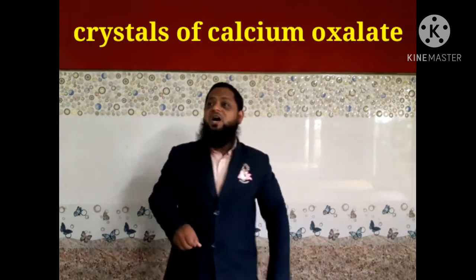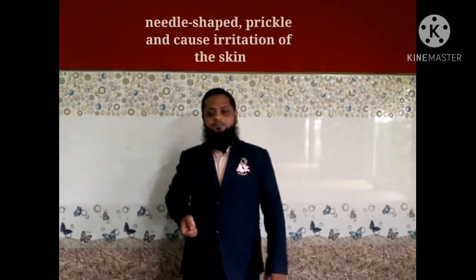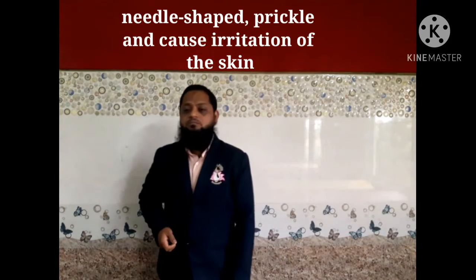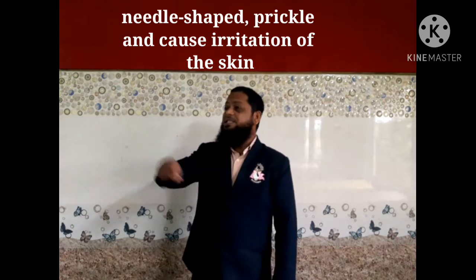Dear children, in some plants, the waste substances are present in the form of crystals of calcium oxalate. Calcium oxalate crystals are also called raphides, as they are needle-shaped. They prickle and cause irritation of the skin.